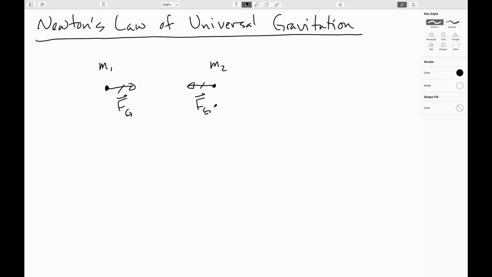So the form of the law has to be such that it reflects this equal and opposite nature. And it turns out that the magnitude of the force, the direction is always attractive.